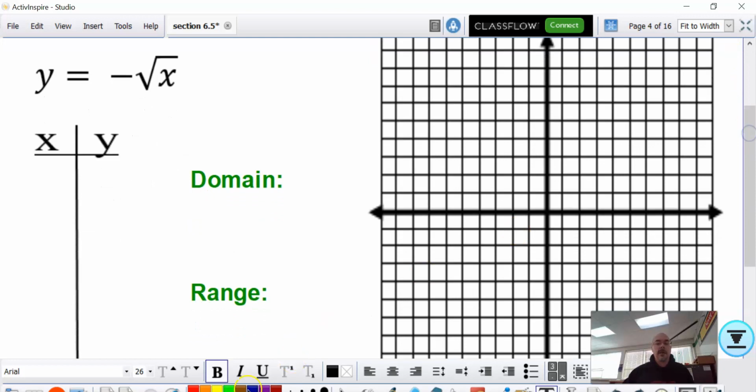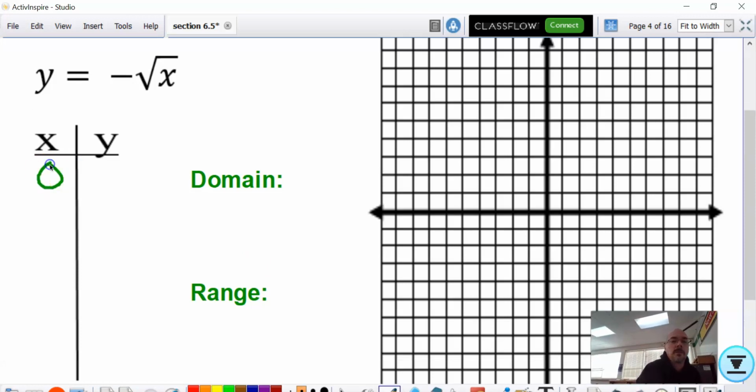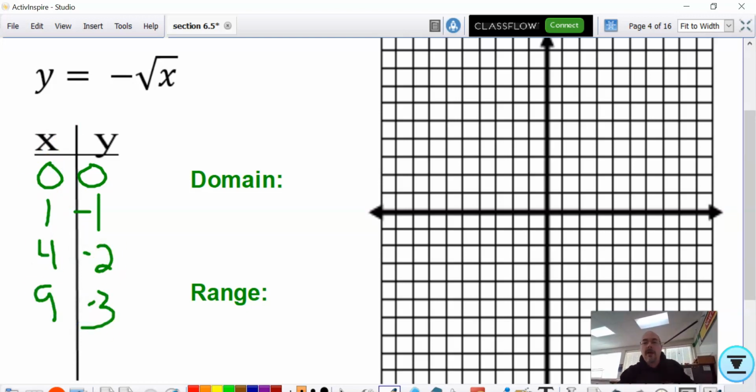So I'm going to put in my 0, 0, and then 1, -1, and then 4, -2, and then the 9, -3. All right, I'm going to go ahead and graph those. So it still started at 0, 0, over 1, down 1, over 4, down 2, over 9, down 3.